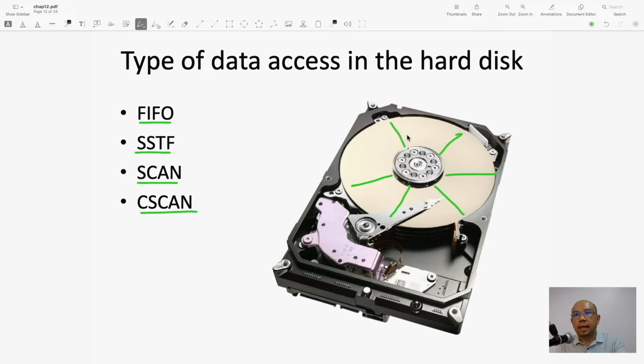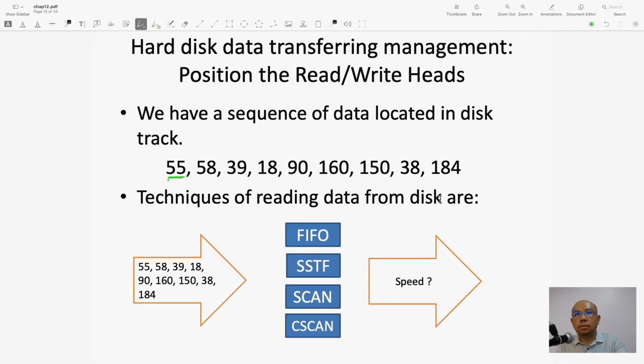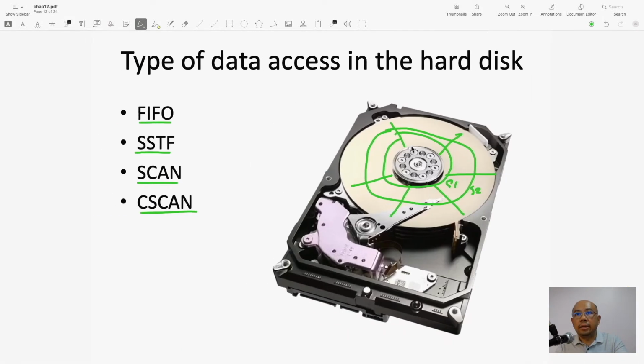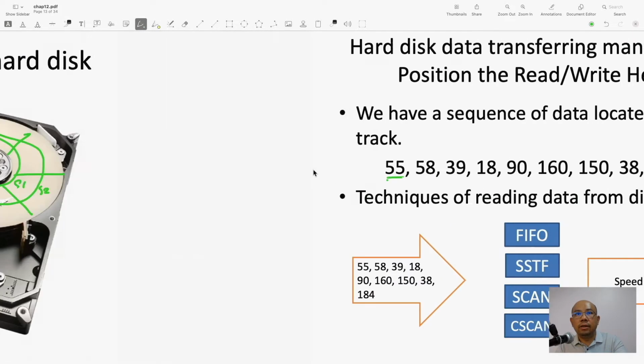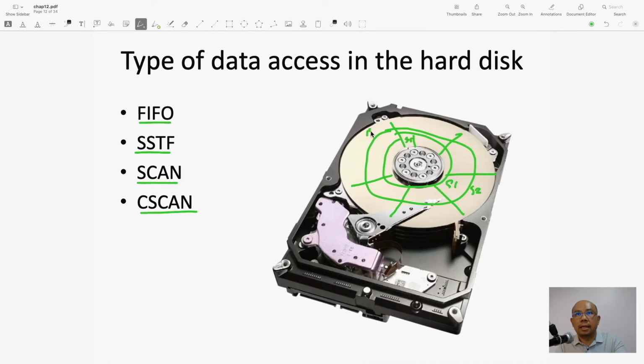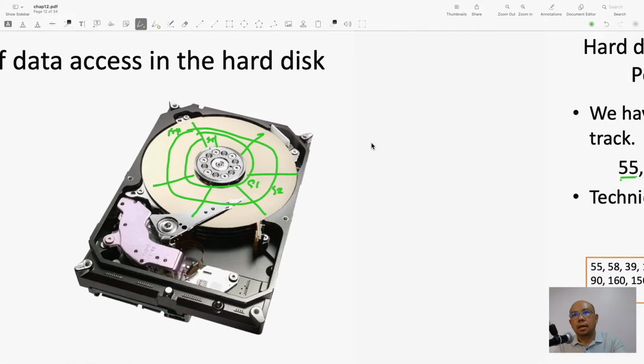Here in sector 1, in sector 2, I suppose 55 is a location. For example, here is location 55 in the hard drive, and 184 is maybe the outside location on the hard disk.